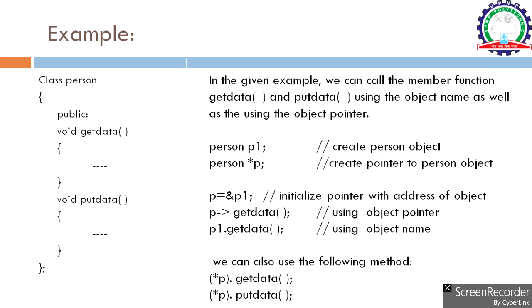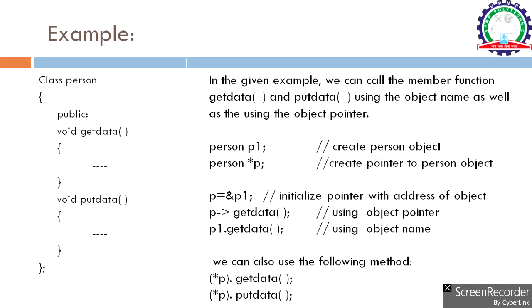For example, here person is a class name and it has two public member functions, that is getData and putData. Now if I create a simple object of class person, P1, and a pointer object of the person class, then I can initialize the pointer P of the person class to store the address of the object P1 of the class person.